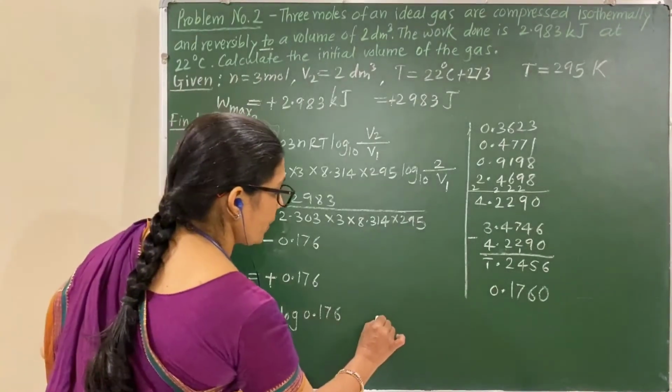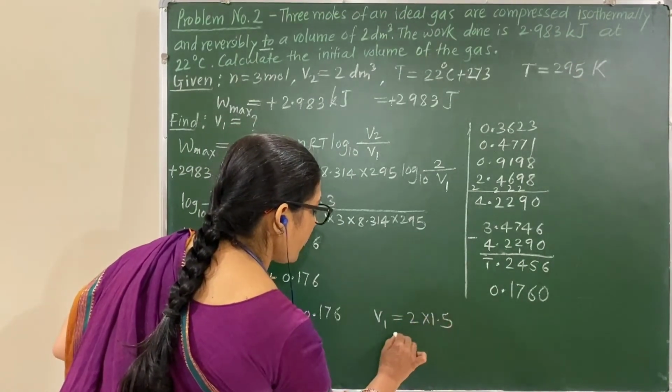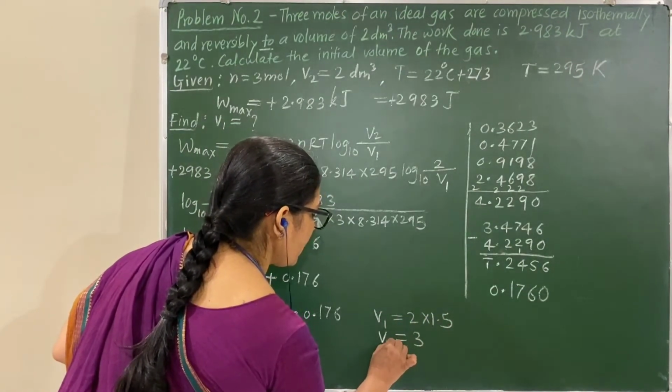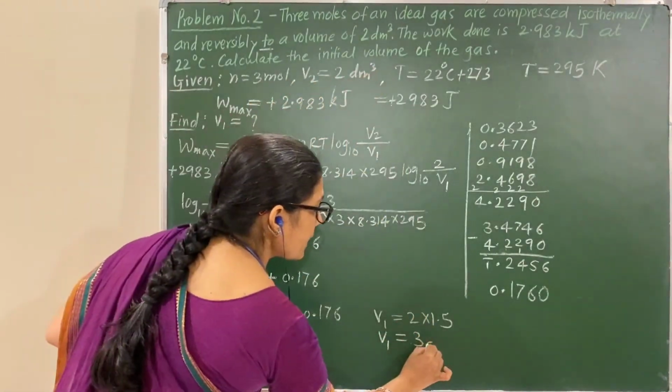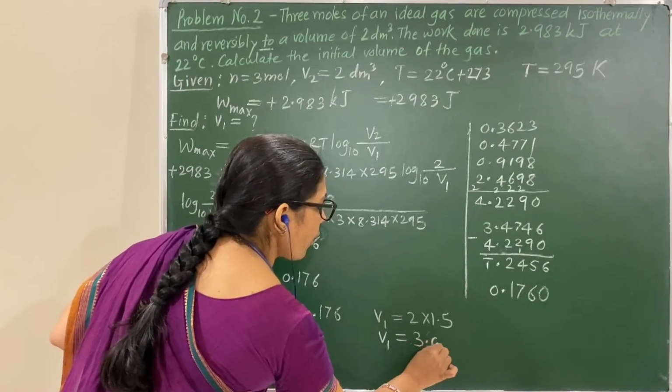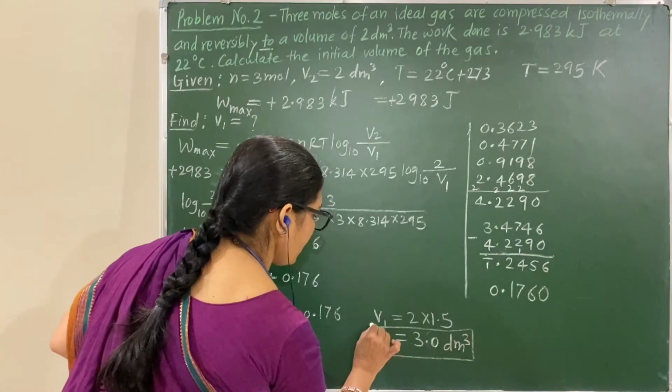Therefore, V1 is equal to 2 into 1.5, which is equal to 3. Now, the unit of V2 is dm cube. Therefore, it is also dm cube. 3.0 dm cube. This is V1.